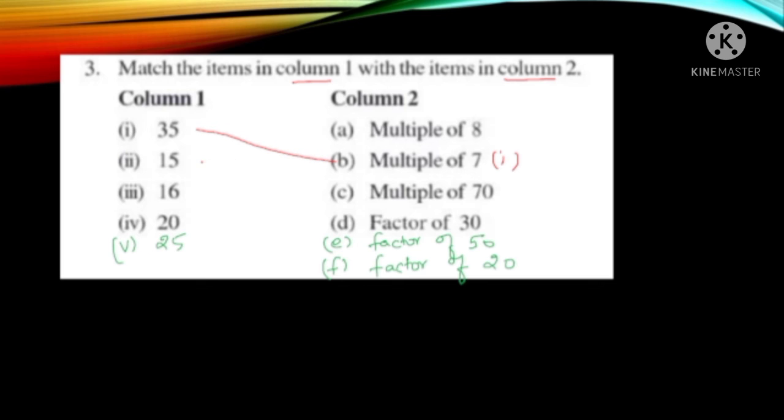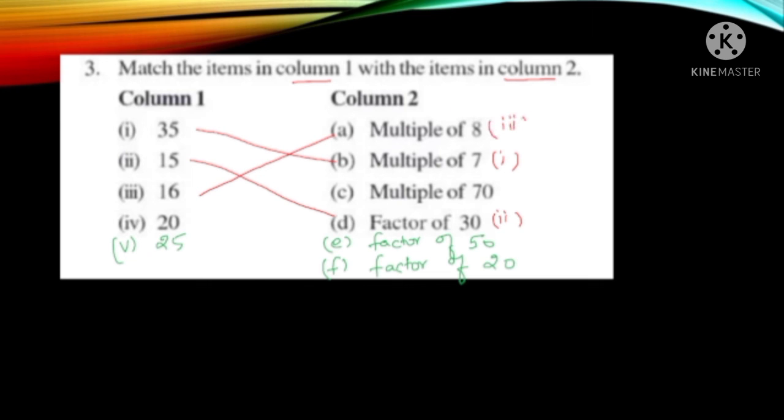Next, 15. 15 is a factor of 30, isn't it? A factor of 30 is 15. So the second one is mapped to option B. Next, 16. Multiple of 8. 8 ones are 8, 8 twos are 16.